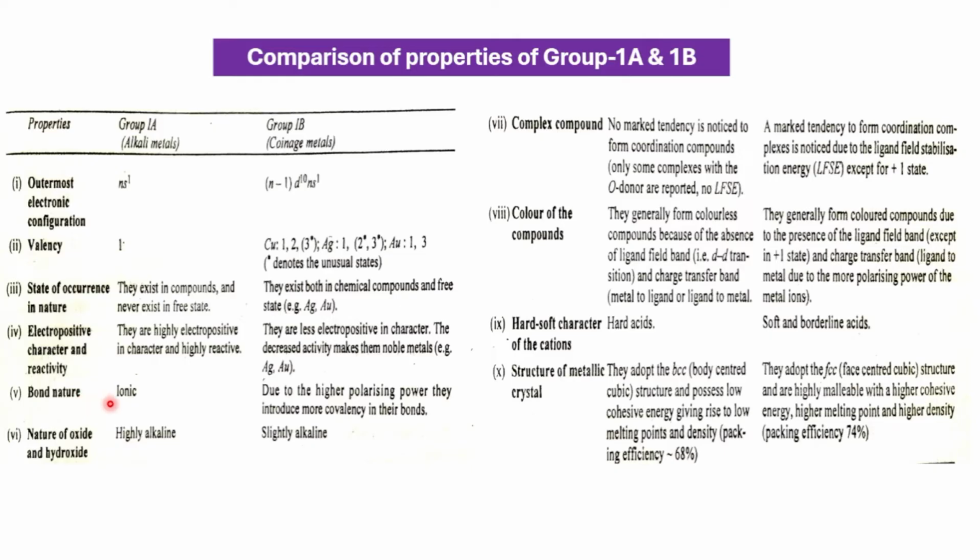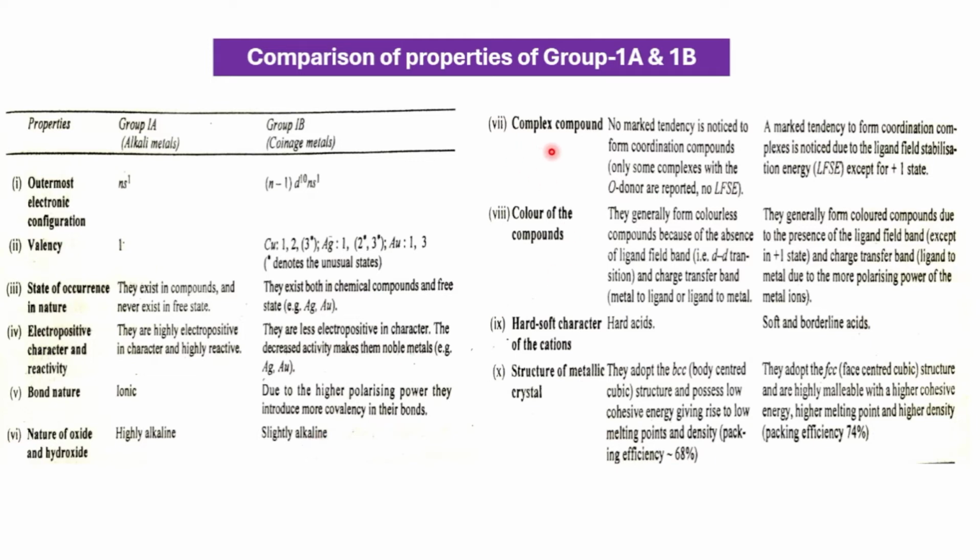In bonding, group 1A elements form ionic bonds, whereas group 1B elements, due to the higher polarizing power, introduce more covalency in their bonds. For the nature of oxide and hydroxide, group 1A elements form highly alkaline materials, whereas group 1B form slightly alkaline compounds.